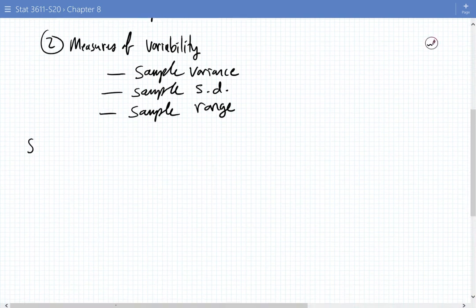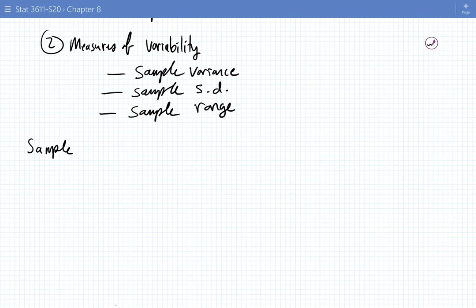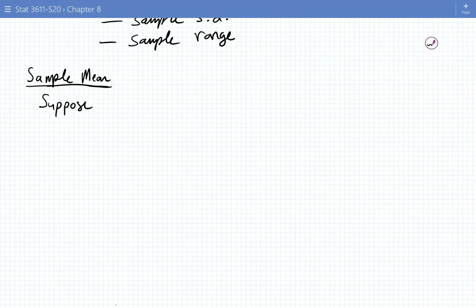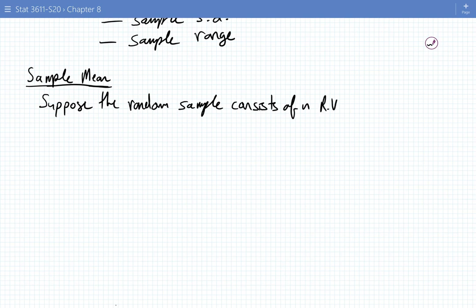Let's talk about the sample mean. So suppose the random sample consists of n random variables, x1, x2, and so on up to xn.